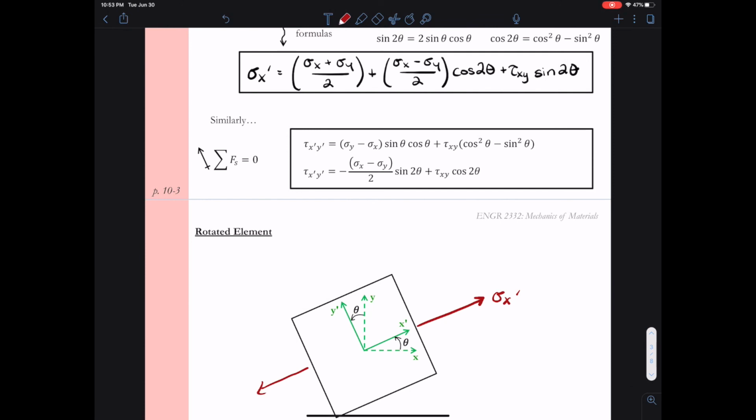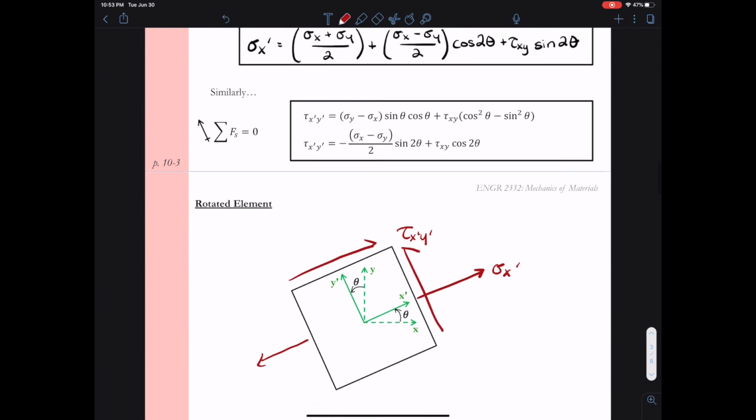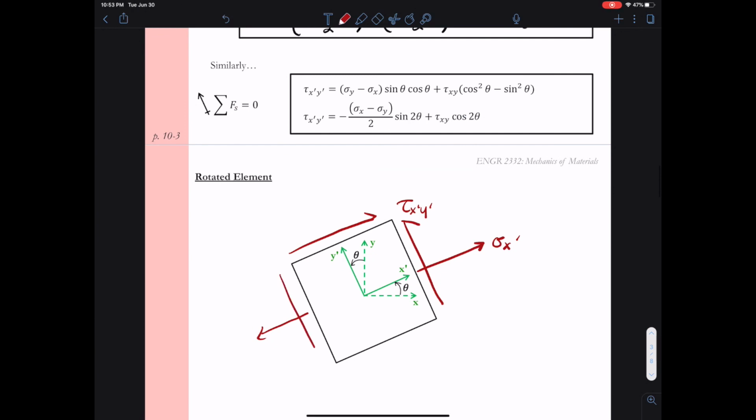All right, what does this mean? When we took our element out of the xy plane and put it into a new coordinate system, x prime, y prime, we needed to transform all of the stresses into this rotated coordinate system. The reason we do this is because when we first look at an object, we can't necessarily determine on which plane we would expect failure.